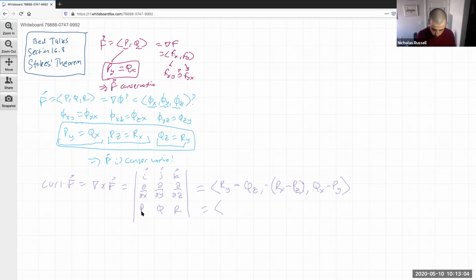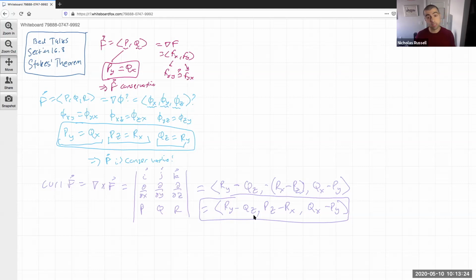Or maybe you can write this more succinctly as R_y minus Q_z, P_z minus R_x, and then we have Q_x minus P_y. And this is what we will call the curl of a vector field. This is also another way you can write it. These two definitions are equivalent, as you can see.